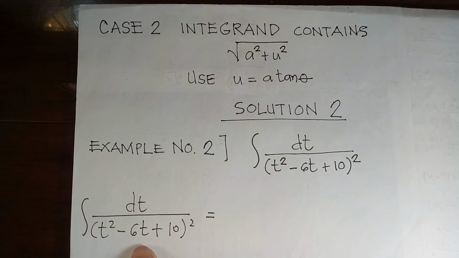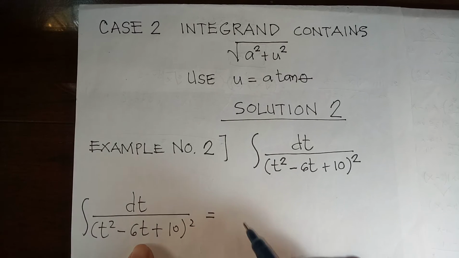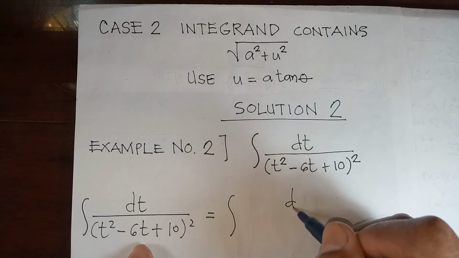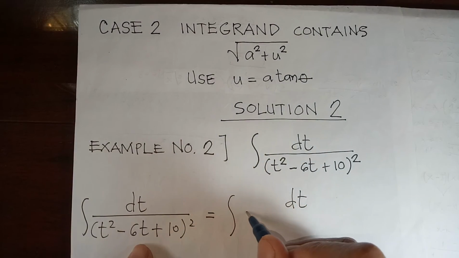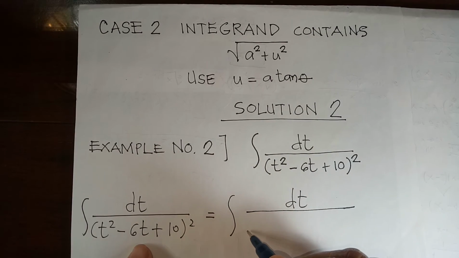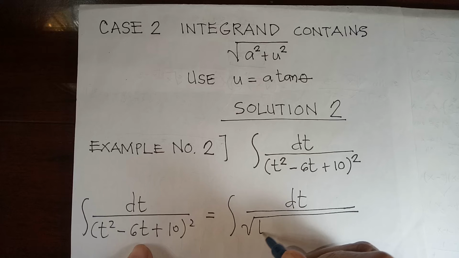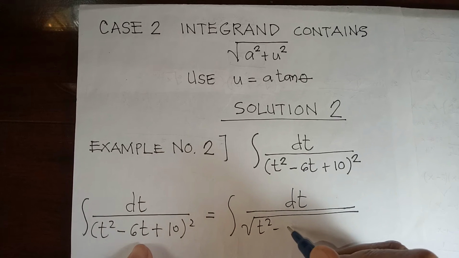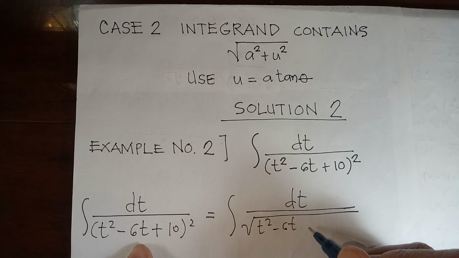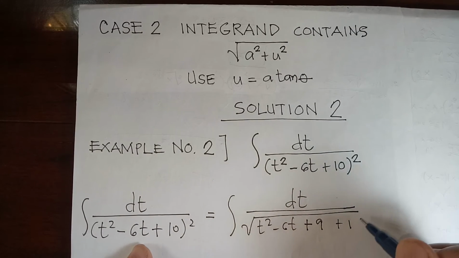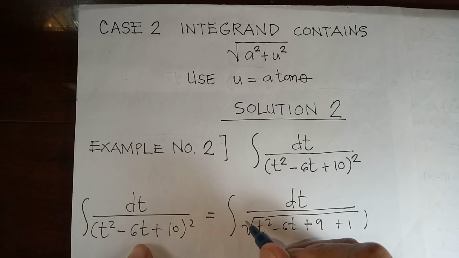Nire-write natin siya, equal din siya sa integral of dt divided by the square root of (t squared minus 6t plus 9, and then plus 1) raised to 4.